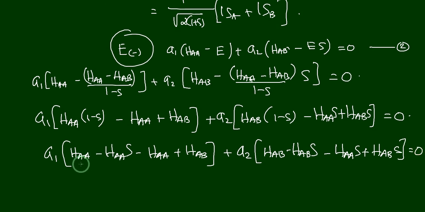These are the terms to be cancelled here: HAA plus HAA minus HAA. Okay. Then from here we can cancel minus HABS and plus HABS.